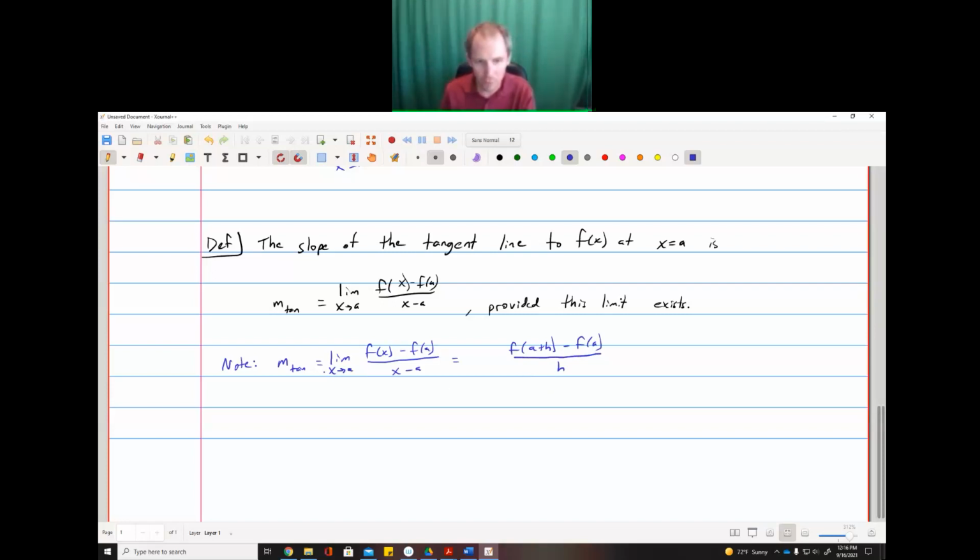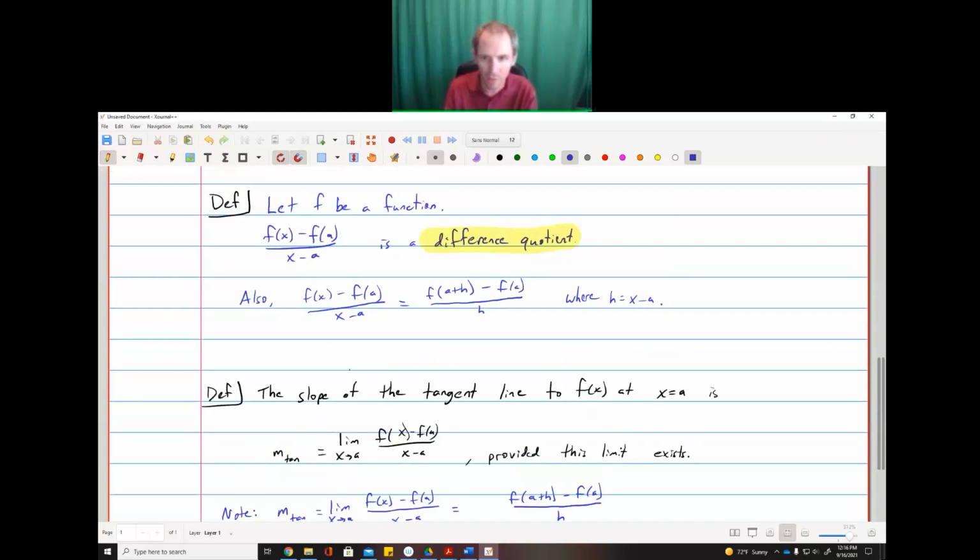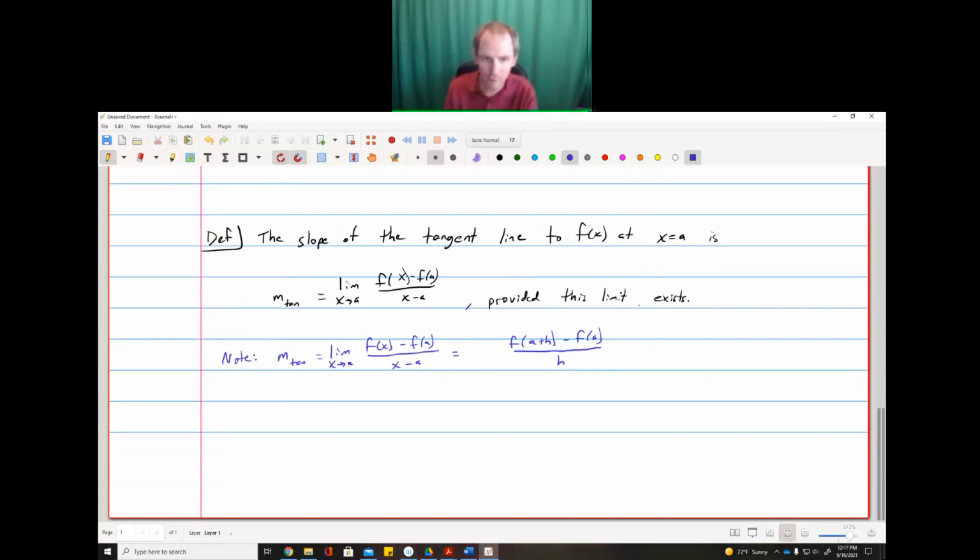We have to be careful though about what's going on with the limit. What happens as x gets closer and closer to a? Well, if h is defined to be x minus a, as x gets closer and closer to a, this difference is going to get closer and closer to 0. So this is like a limit as h goes to 0.